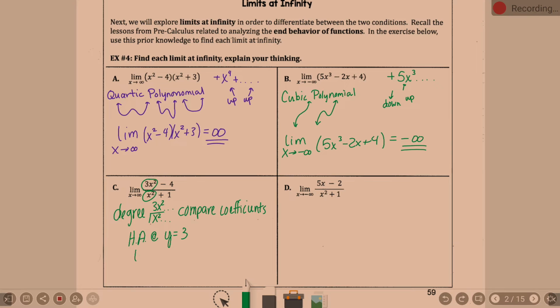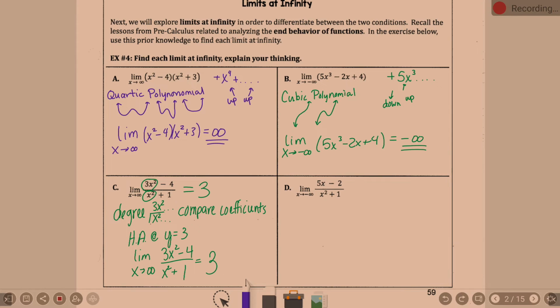So my limit as x approaches infinity of 3x squared minus 4 over x squared plus 1 is 3. We did that in pre-calc. I like this lesson. It's easy. I could have just written equals 3 right there.